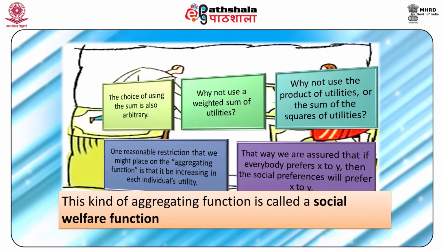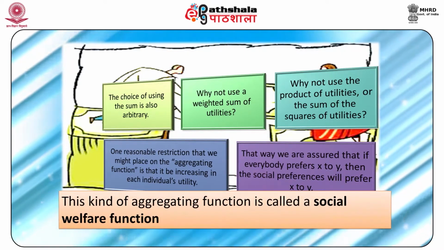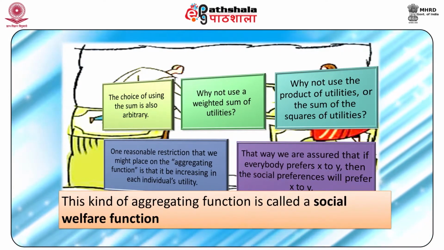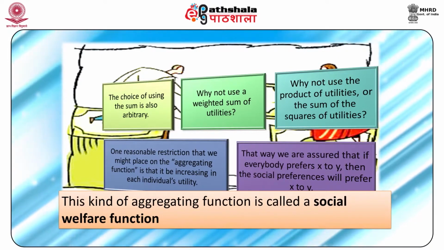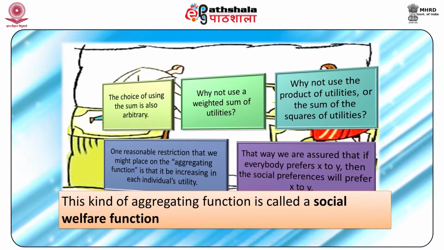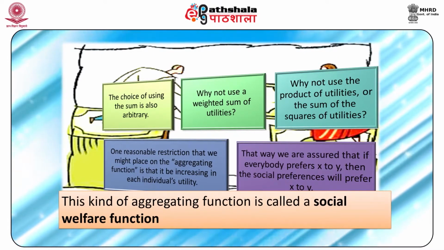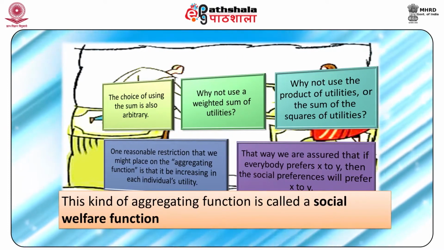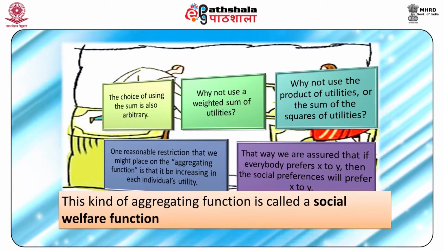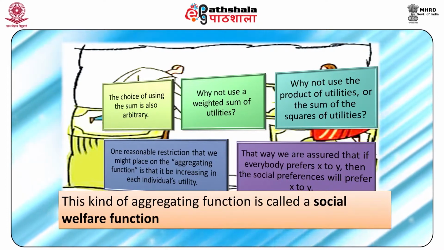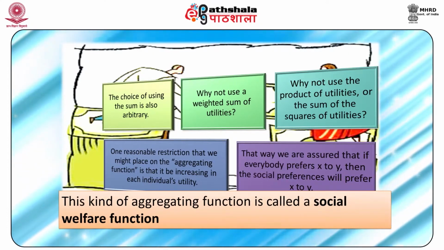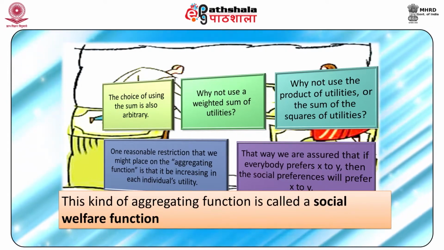This works, but of course it is totally arbitrary, since our choice of utility representation is totally arbitrary. The choice of using the sum is also arbitrary. Why not use a weighted sum of utilities? Why not use the product of utilities or the sum of squares of utilities?